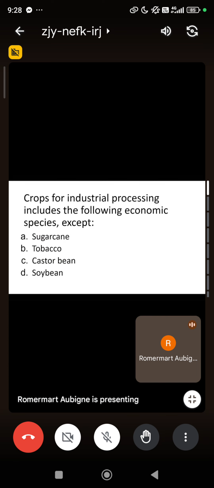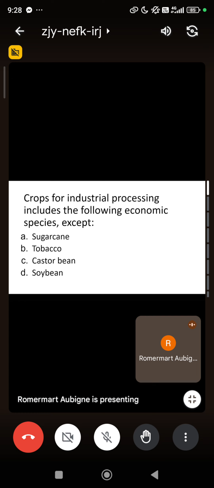Then crops for industrial processing include the following economic species, except one. So, except, you just choose which one. A, sugarcane, B, tobacco, C, castor bean, or D, soybean.